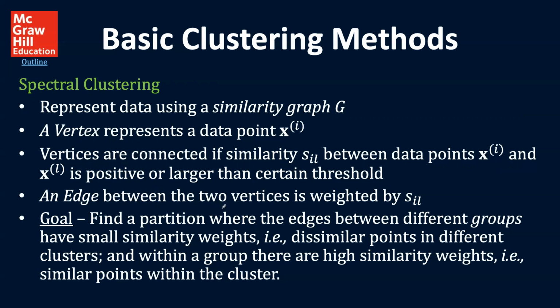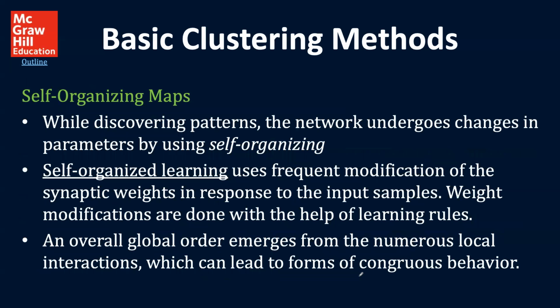An edge between the two vertices is weighted by sij, and the goal is to find a partition where the edges between different groups have small similarity weights, i.e. dissimilar points in different clusters, and within a group there are high similarity weights, i.e. similar points within the cluster. Here we're getting into graph theory a little bit with vertices and edges, so that's something you could be thinking about.